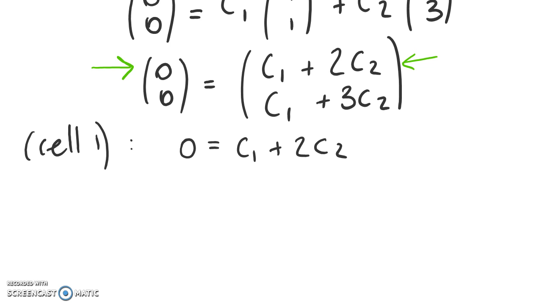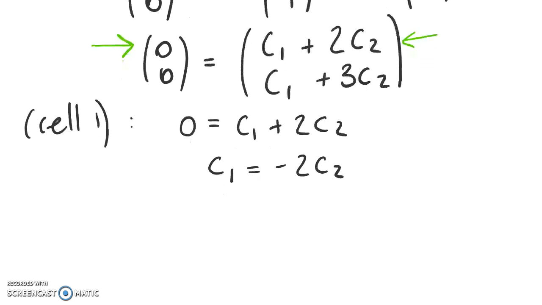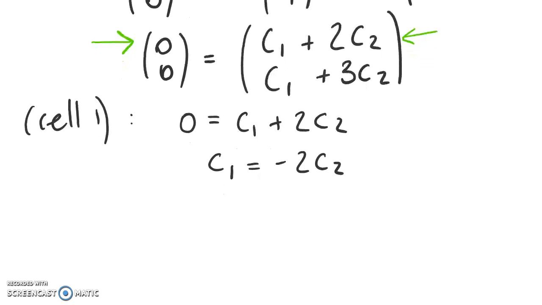Okay, so we've got C1 equals minus 2C2, just by rearranging there. And we're done for that one. Let's circle or wrap around this one. That's something that we know has to be true if we're going to get that first cell to equal 0. Let's have a look at cell 2.